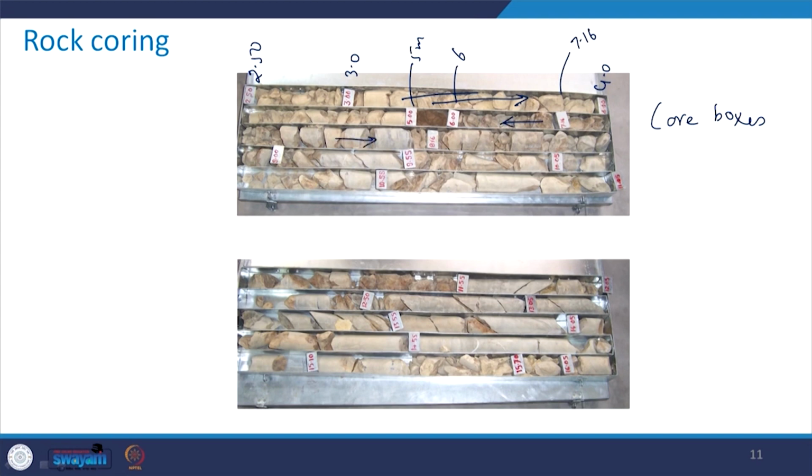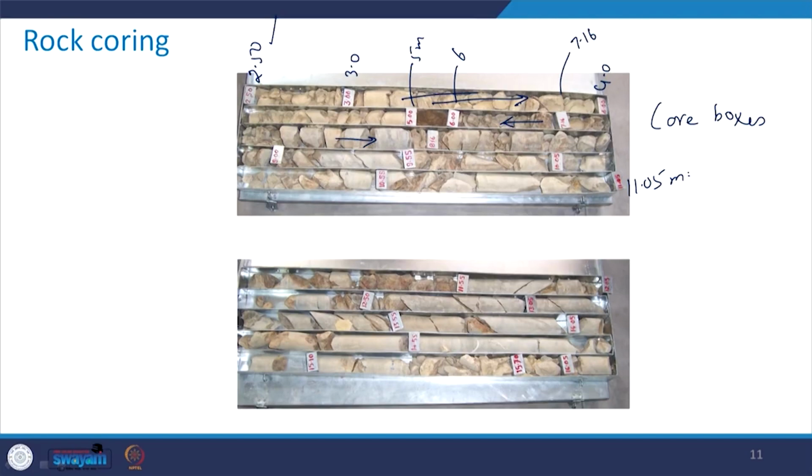So, you see that in this core box, whatever was retrieved from the ground from the depth of 2.5 meter to 11.05 meter has been arranged exactly in the same order.